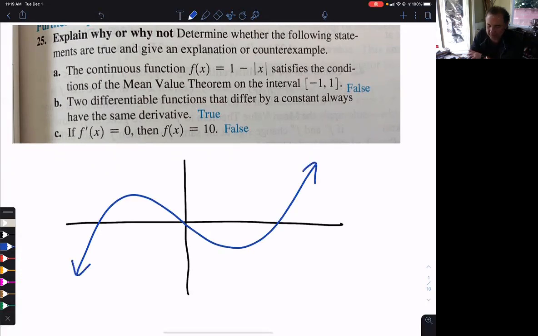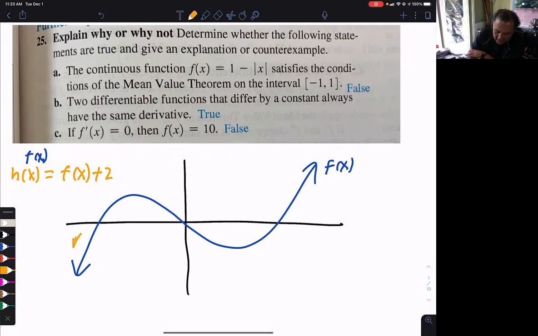There is a differentiable function, I'll call it f of x. To differ by a constant means my second function is the original plus some constant. I'll call it 2. That means every point of this graph is shifted up 2.